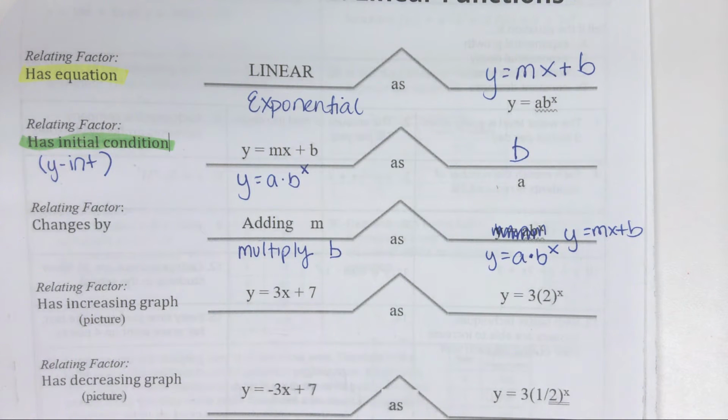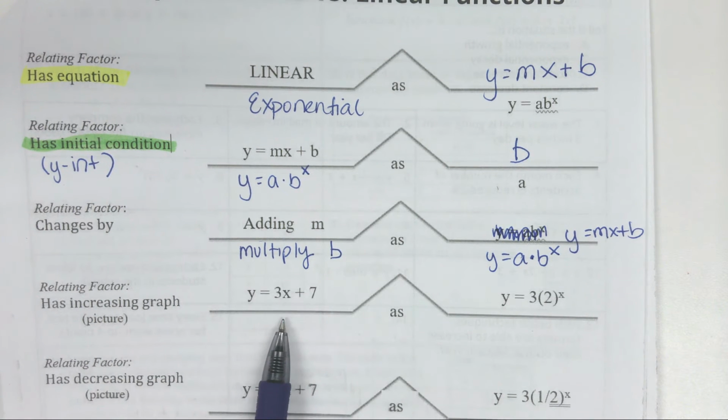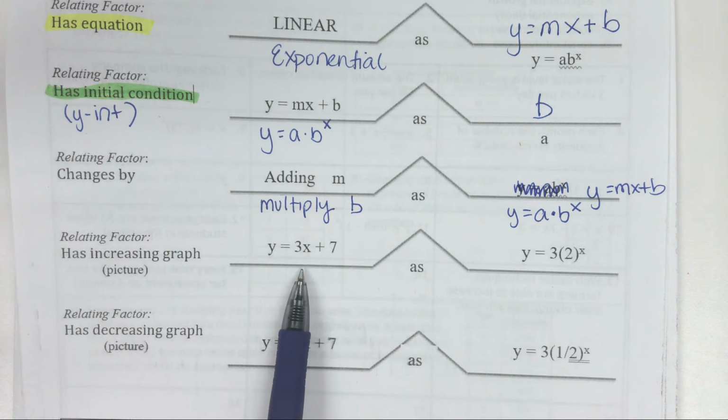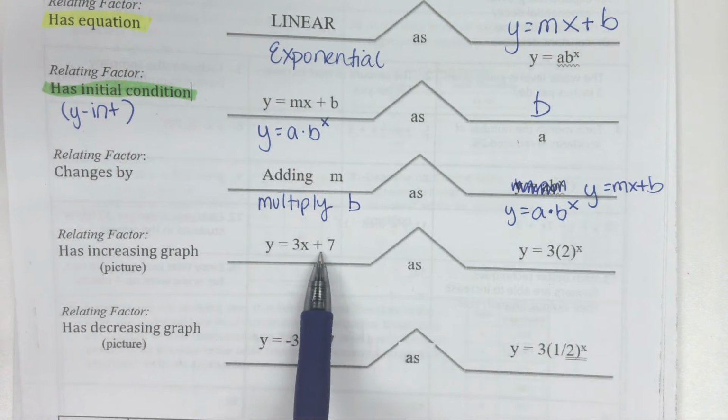Okay. Let's take a look at this one. Let's do our graphs and then I'm going to put some other things down there. When you have y equals 3x plus 7, that's growing. How can I tell it's growing? Not just that.